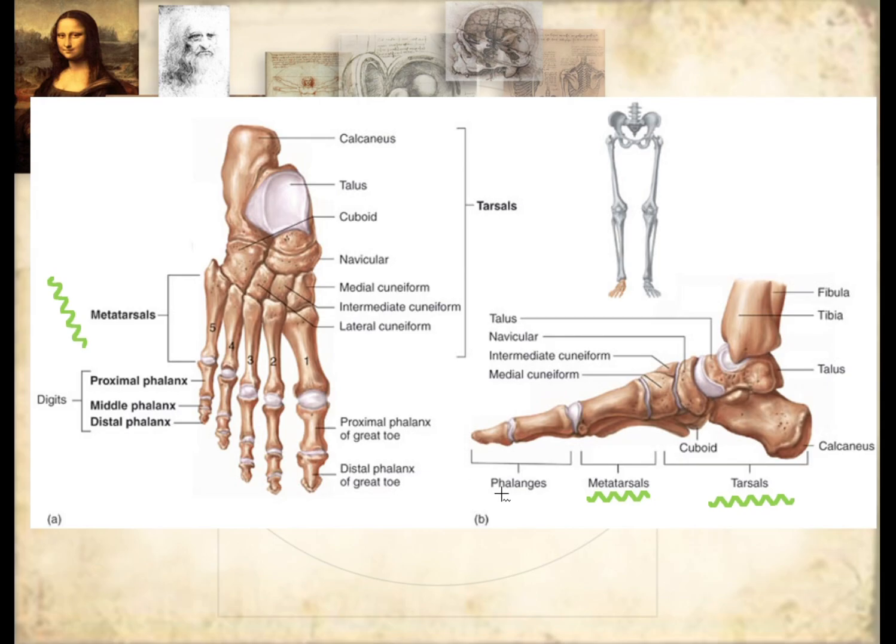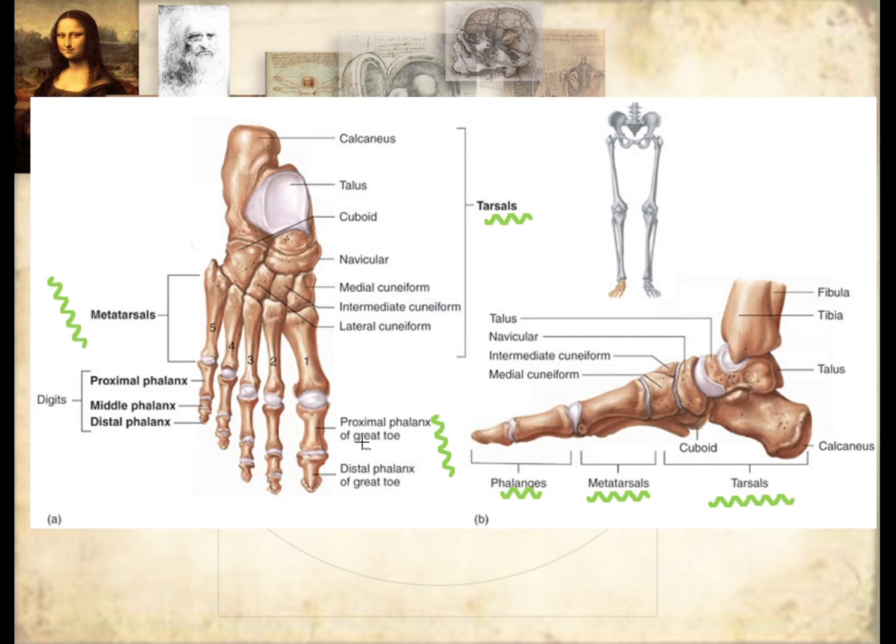Similarly, in toes, the finger bones are known as phalanges. This part is the phalanges. You can see here easily. So the full part here is the tarsal, and in the tarsal you can see the metatarsal here, and the next part is the phalanges.